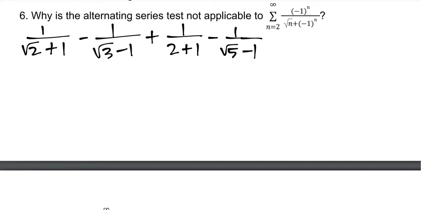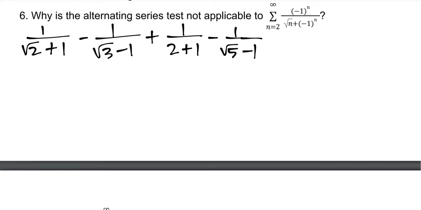Okay, so I think that root 3 minus 1 is a number between 0 and 1, because I know that root 3 is between 1 and 2. So it's 1 over a number between 0 and 1, then plus a third, minus 1/5 minus 1.